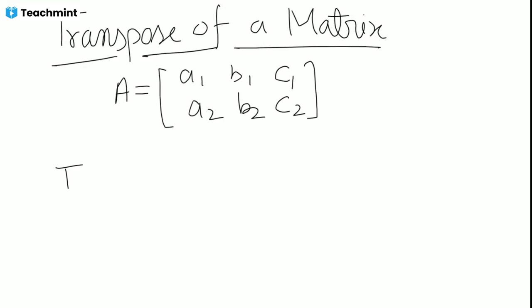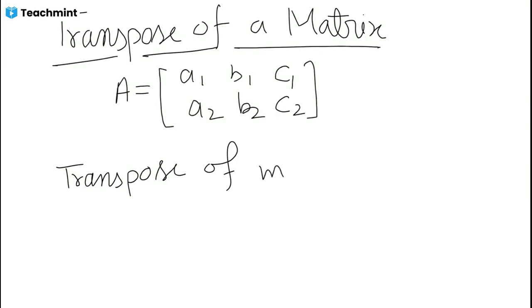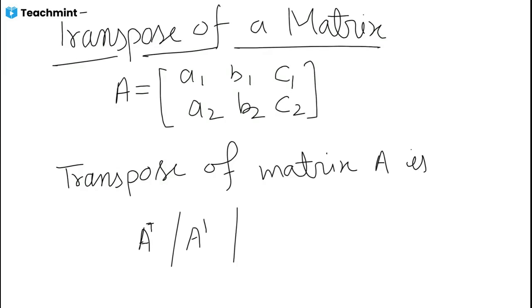Transpose of matrix A is usually denoted by A with a T. In some books they use a dash or this symbol also, but most common is this.